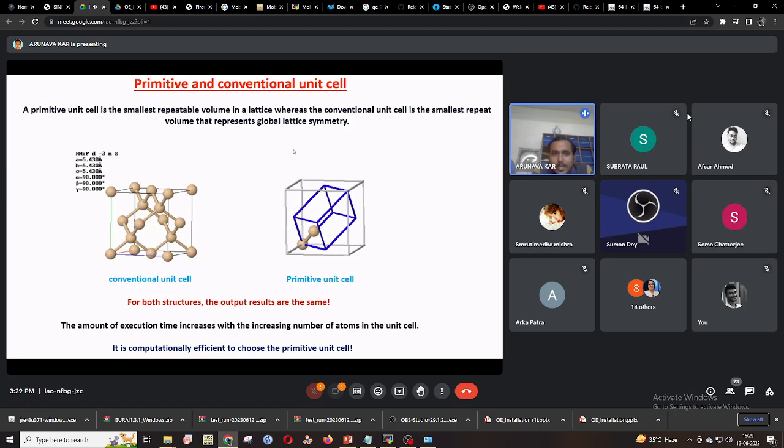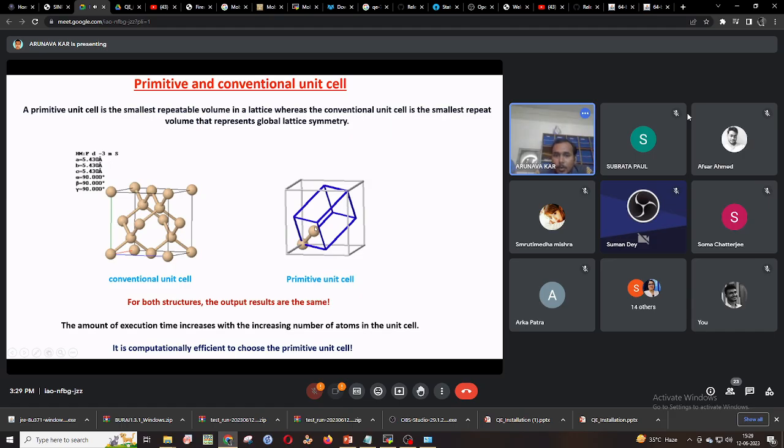A primitive unit cell is the smallest repetitive volume in a lattice, whereas the conventional unit cell is the smallest repetitive volume that represents the global lattice. This is the conventional unit cell. In the conventional unit cell, if we want to draw the structure, we at least need 8 atoms. But in the primitive unit cell, we actually need 2 atoms.